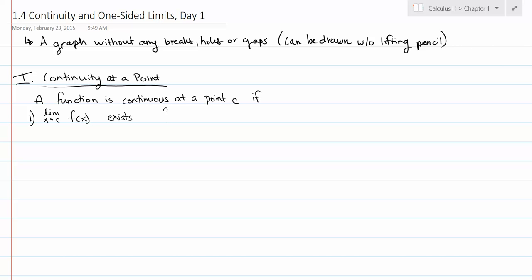That means the limit as x approaches c from the left-hand side of f of x has to equal the limit as x approaches c from the right-hand side of f of x. Number 2, f of c has to be defined.